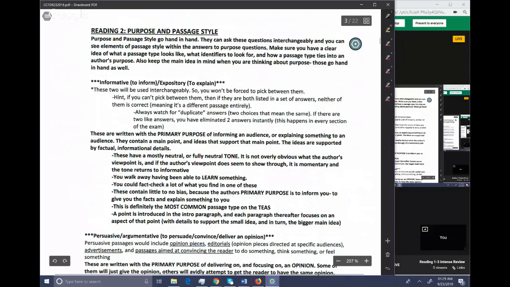So when you read something and you do your outlining, both of these two things should be obvious when you complete your outline, prior to you actually seeing any question about this. And this is where we blend reading 1 and 2 together now. So now we don't see them as separate.